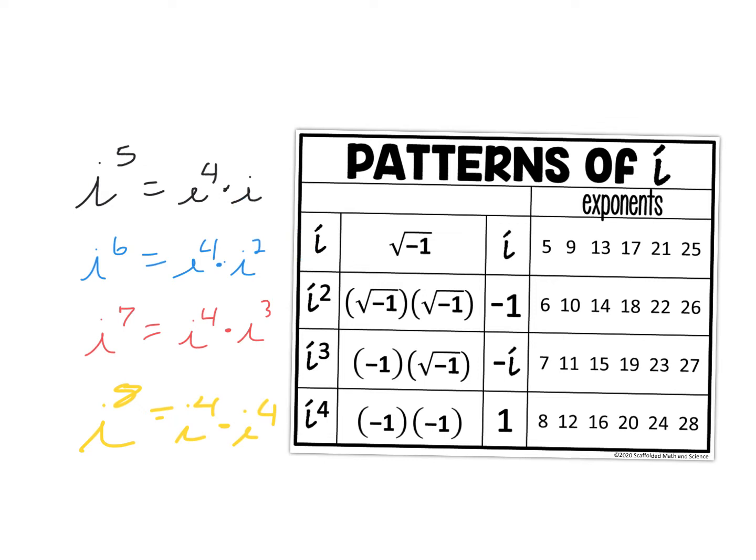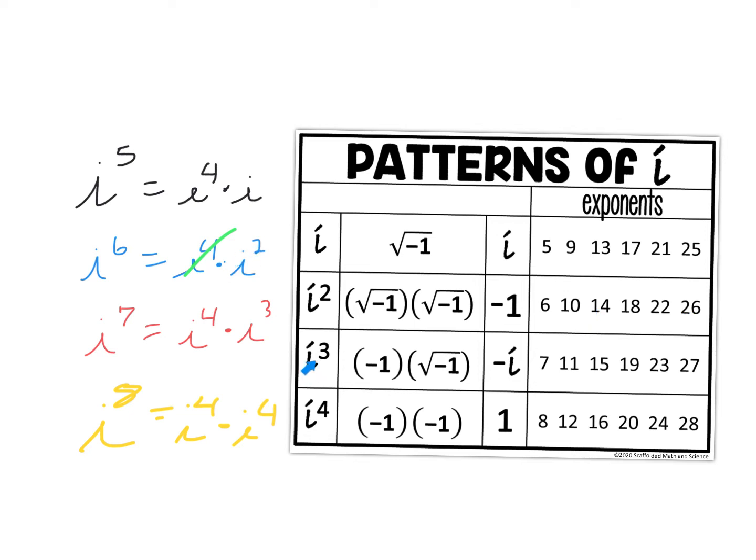And if we look at this row here, i to the 6th and i to the 10th, the first one, i to the 6th, is made up of i to the 4th times i squared. Again, the i to the 4th would cancel, and you would just be left with i squared, and i squared is negative 1. All of these exponents would give you that same thing, because you would divide by 4 and be left with i squared.